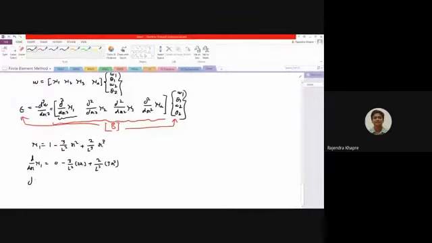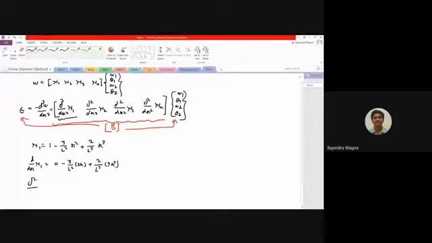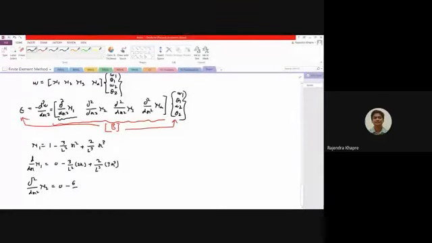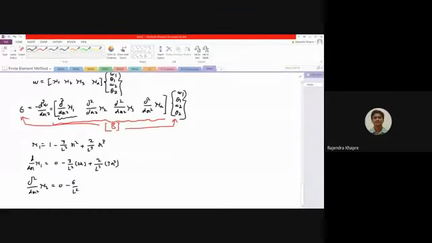Then again going for the derivative, d square by dx square of N1, the constant remains 0, and this becomes minus 6 upon L square, as x becomes simply 1, plus 2 into 6 upon L cube, and this becomes 2x.